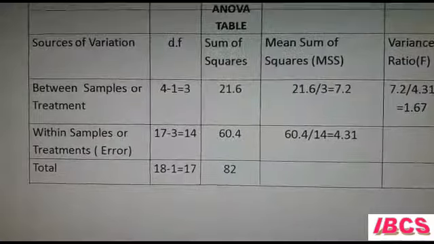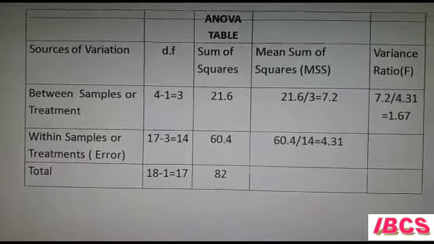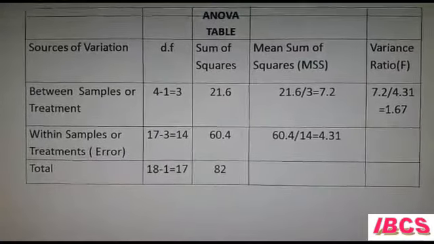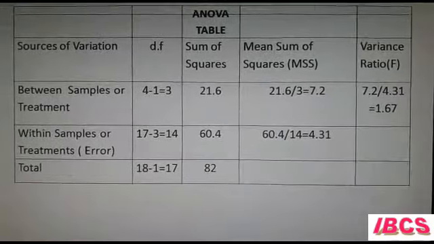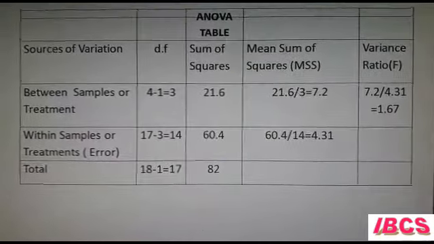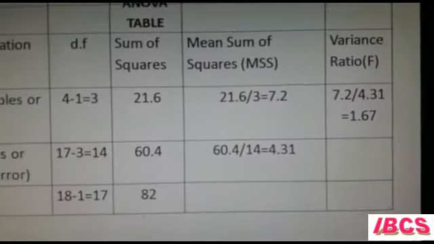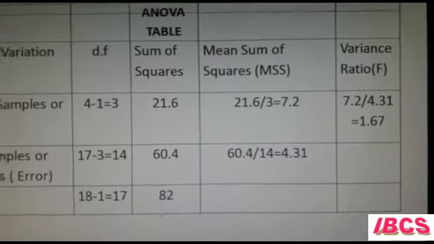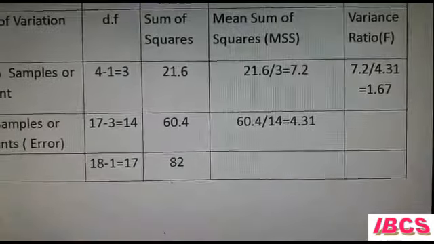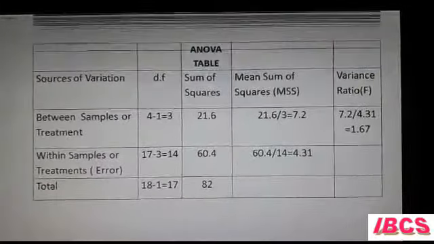Then within samples, the degrees of freedom 17 minus 3, 14. Sum of squares 60.4, and again this is SSW by degrees of freedom, we get 4.31. And the variance ratio F is equal to MSB by MSW, 7.2 by 4.31, which comes to 1.67. So this is the ANOVA table you have to prepare.